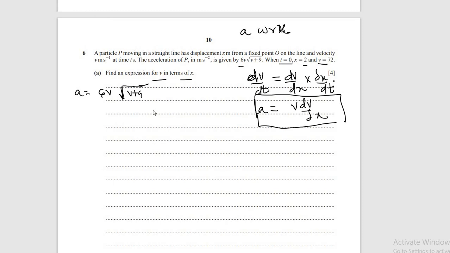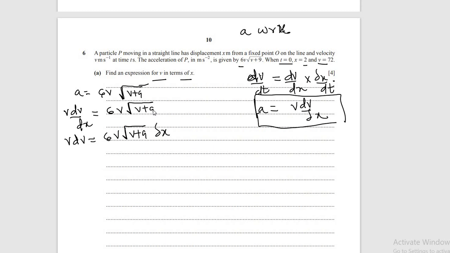So let's put it there, which means a is v dv/dx, equal to 6v square root of v plus 9. Let's separate the variables. Cross multiply first. v dv equals 6v square root of v plus 9 dx.